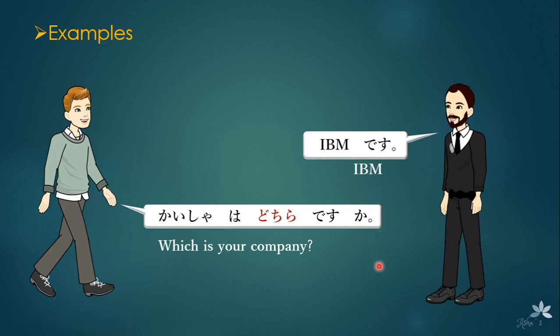So friends, what we have learned from these examples is, when you want to know someone's country, company, school, where they work or the universities, you have to use the word dochira and not doko. Dochira is the word to be used.